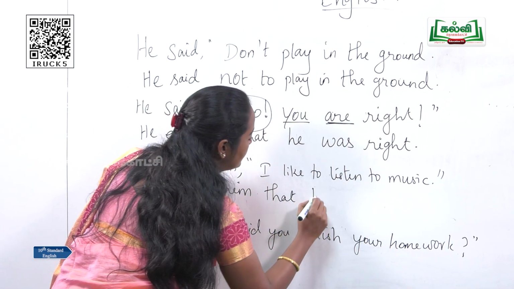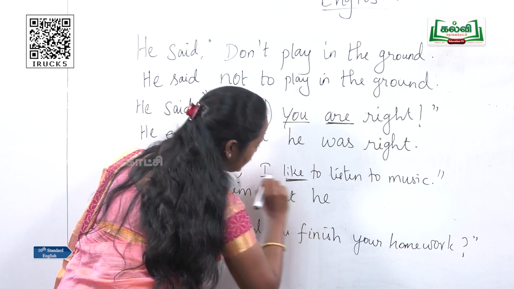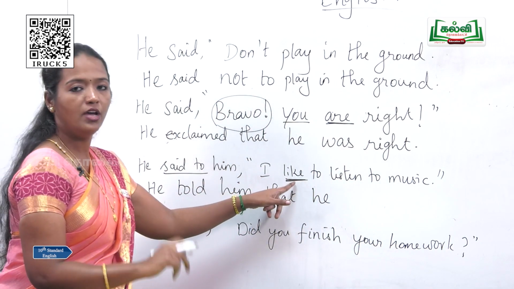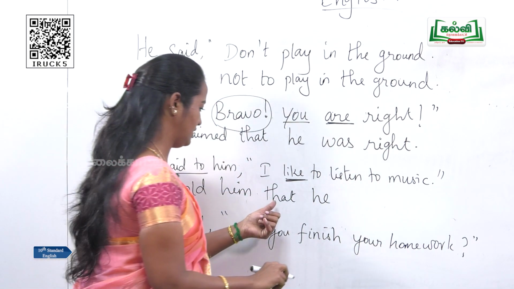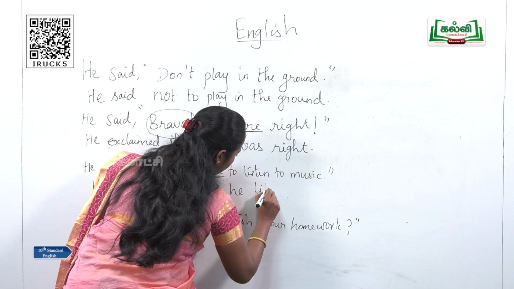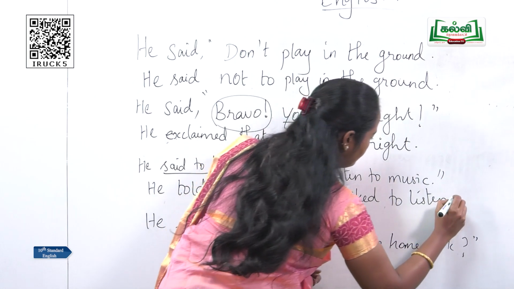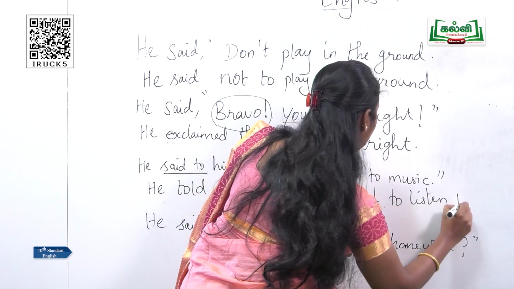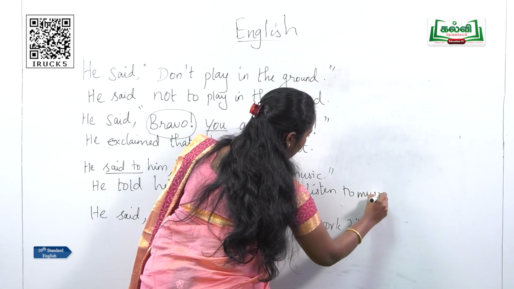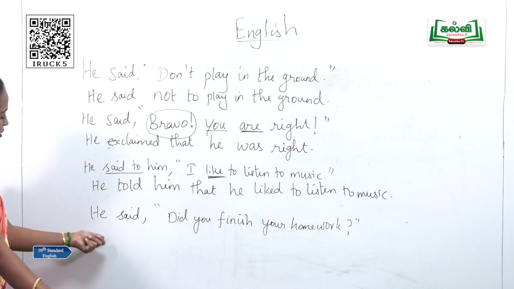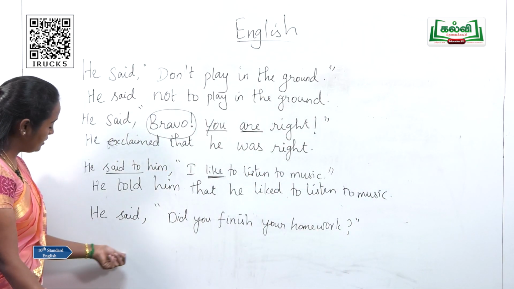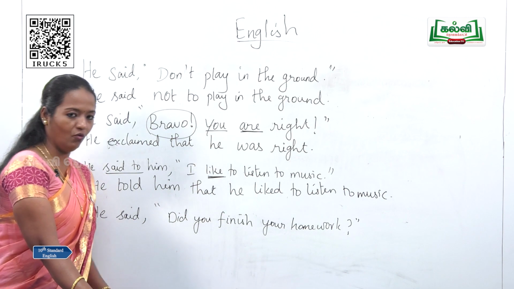He told him that he. And this tense, it is in present tense, so it has to be changed into past tense, that he liked to listen to music. That's all.